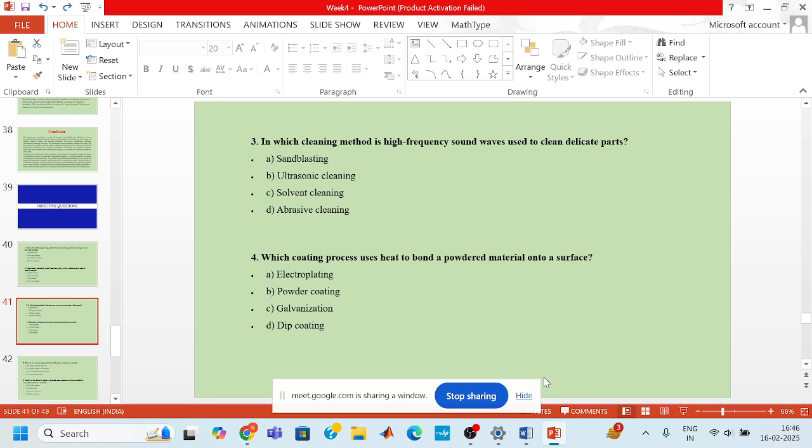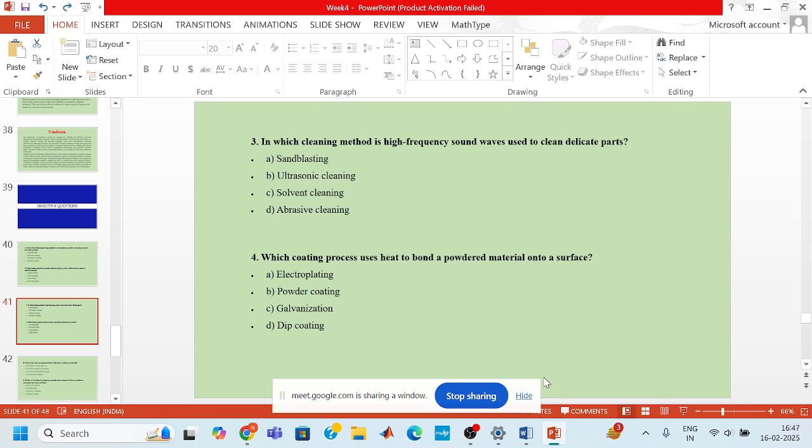Okay, the correct option is B, that is ultrasonic, which provides the high frequency sound waves to clean the delicate parts. Next, which coating process uses heat to bond a powdered material onto a surface? First is electroplating, powder coating, galvanization, and dip coating. Powder coating.